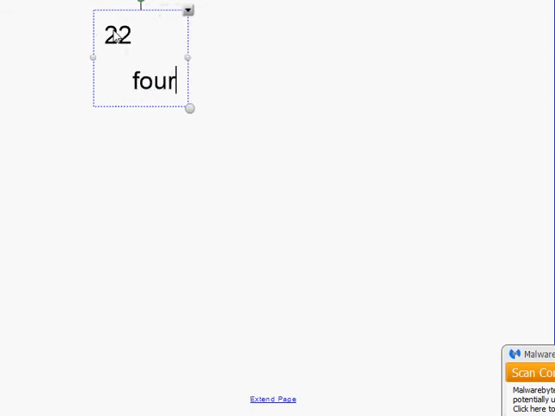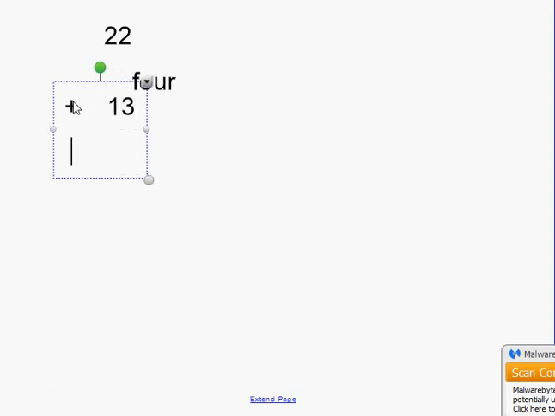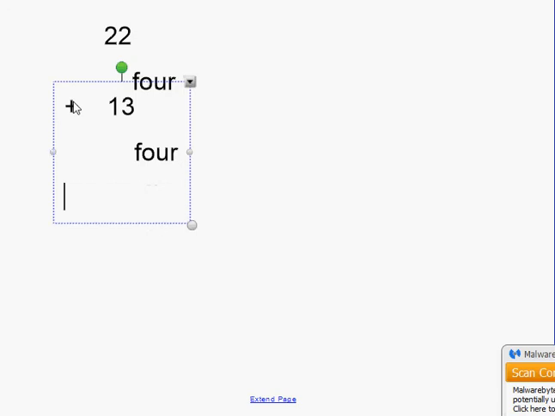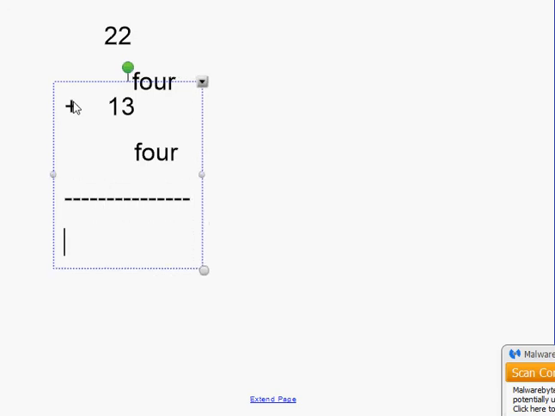Or what we could do is 2 base 4 is going to give us 10, and then 1 3 base 4 gives us 7, and if we add those together, 10 plus 7 gives us 17 in base 10.